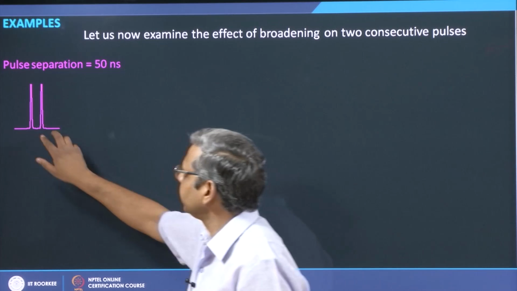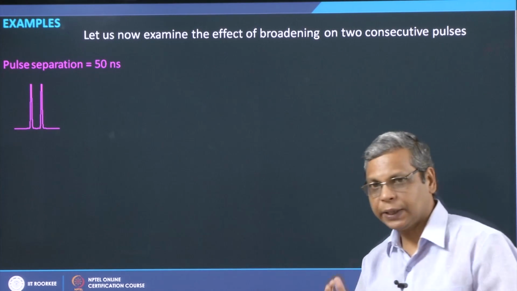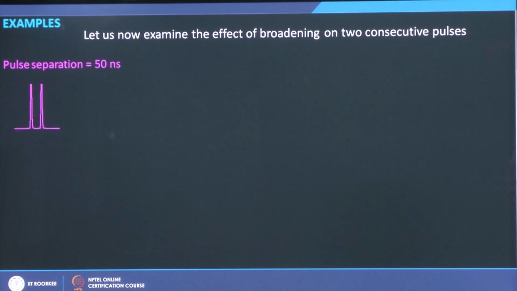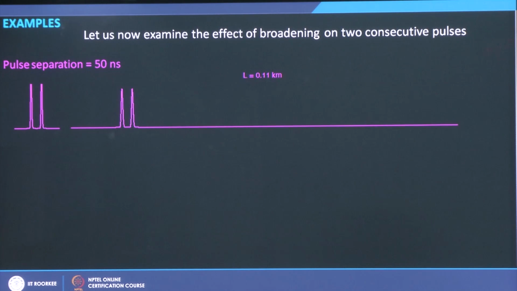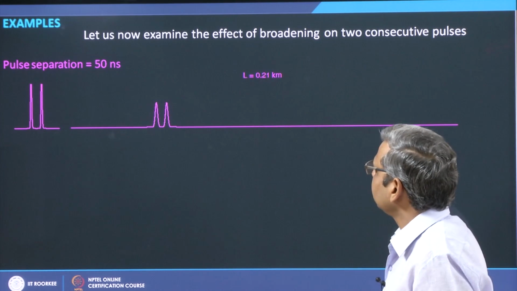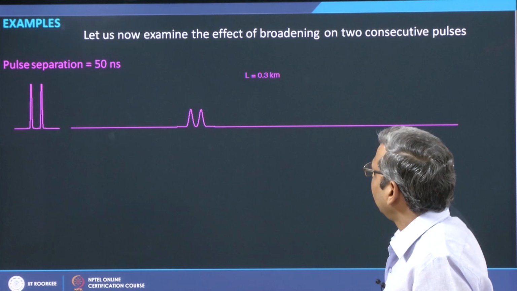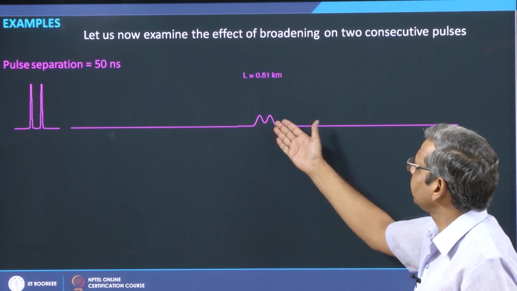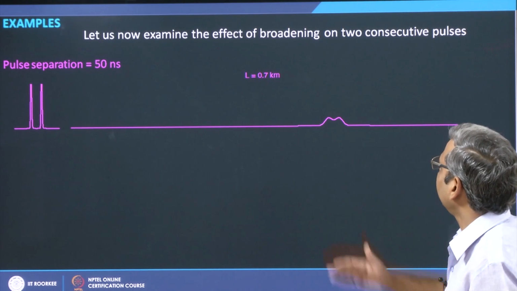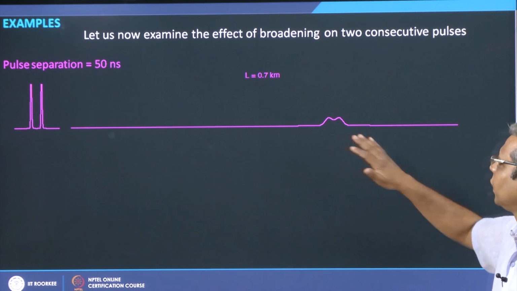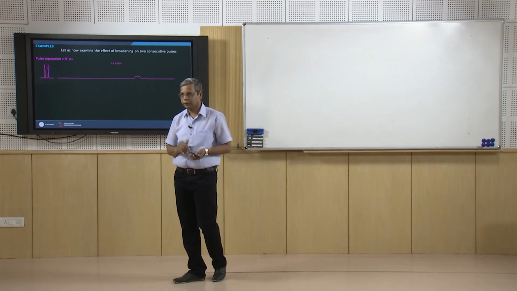If I now send two pulses like this, which are separated in time by 50 nanoseconds, through 1 kilometer length of an optical fiber, then as the pulses propagate through the fiber, they broaden. You can see the broadening, and now you see they have started overlapping, and around this point, if the sensitivity of the detector is somewhere here, then you cannot make out where is your 0 and where is your 1; they have completely overlapped.